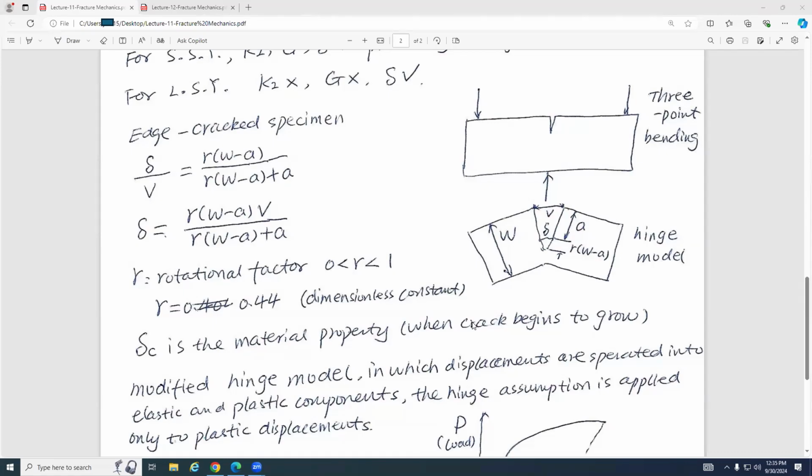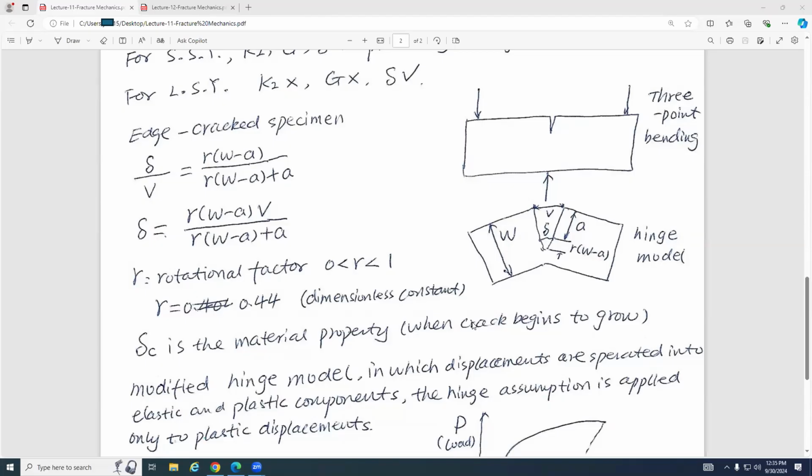You can see, right? These are two similar triangles, and delta and V correspond to this one and this one respectively.